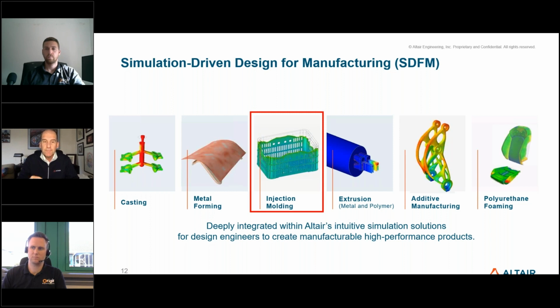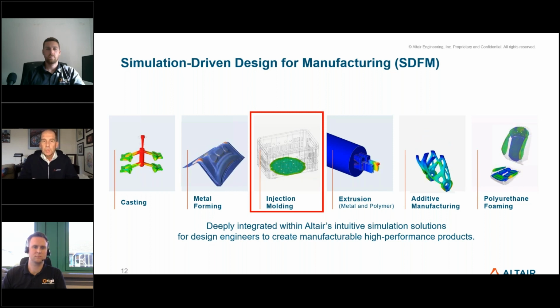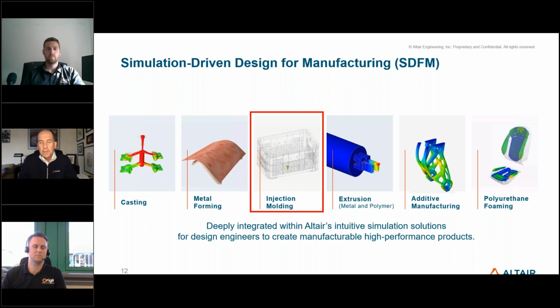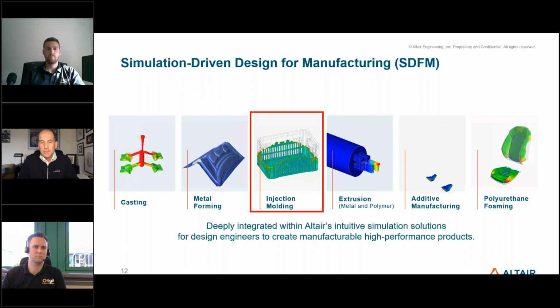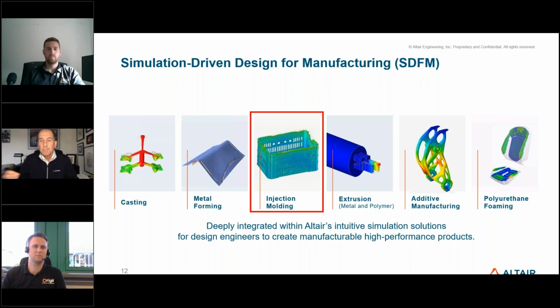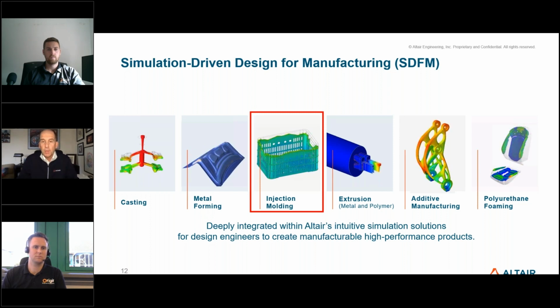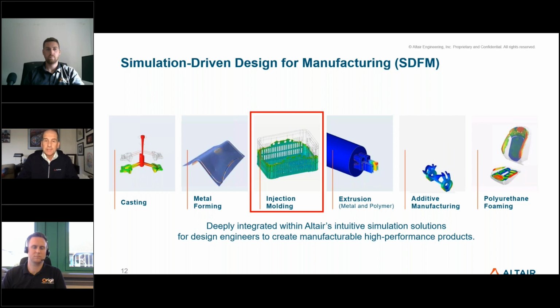So since the very beginning, you are able to say, okay, let me see how I can make this product perform better, but also make sure that it is manufacturable, and I can actually play a little bit with the different processes and see which one is the best based on the performance that I want to reach, but also on the cost and the production numbers that I need to reach.